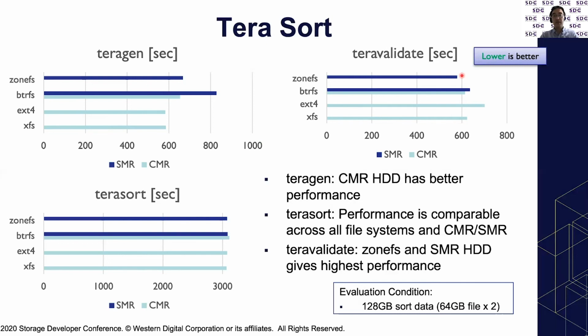It indicates that zonefs and SMR HDD are good at read operations. When we look at SMR HDD results of TeraGen and Tera Validate, zonefs shows the better performance than ButterFS. This also is consistent with DFSIO results.